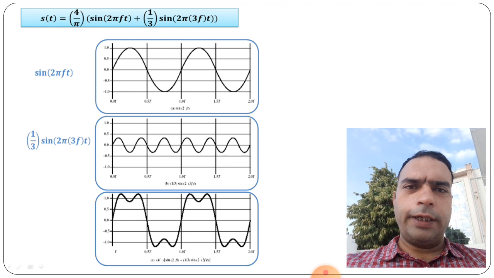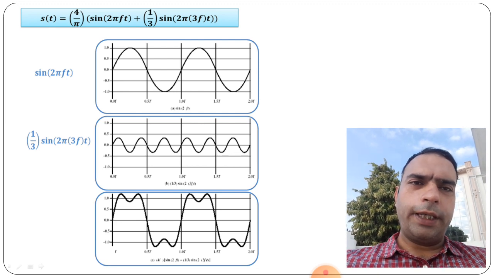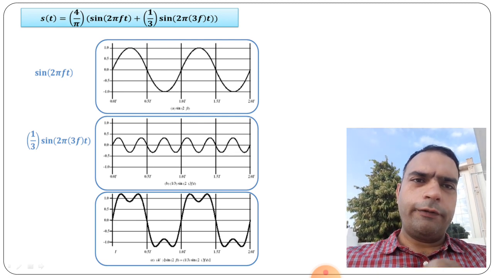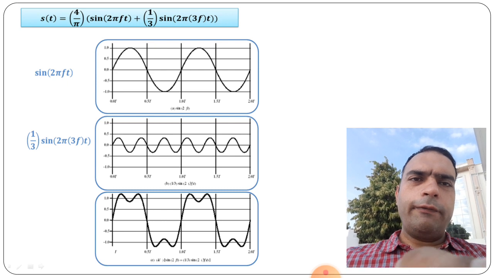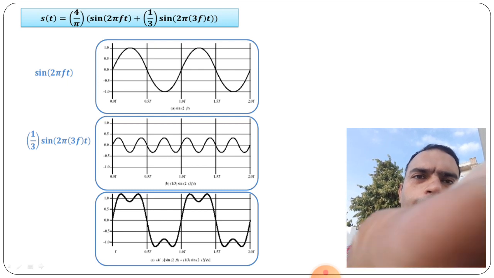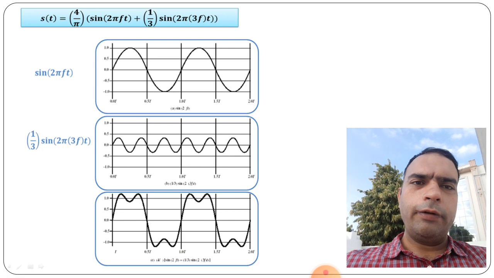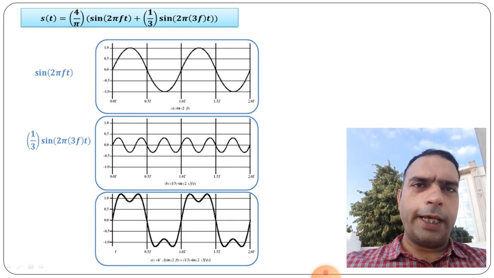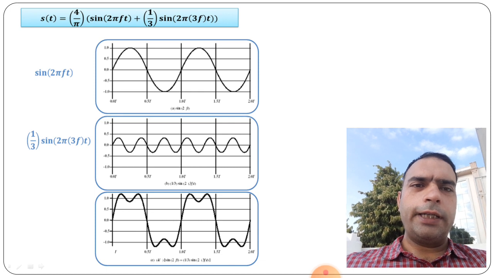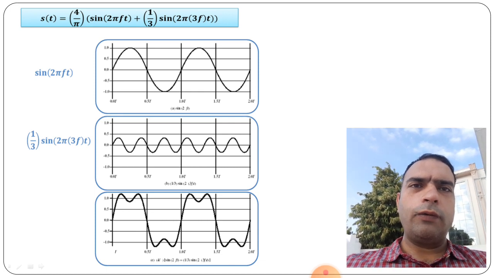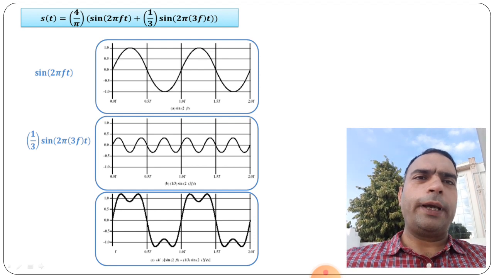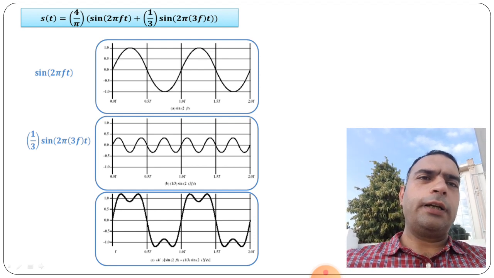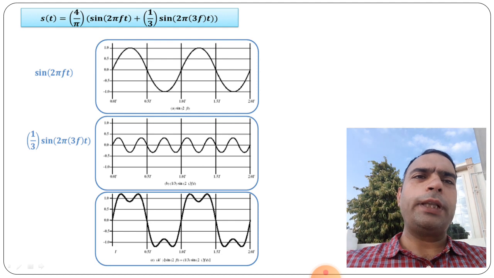Below that, another one is given, 1 by 3 sine 2 pi 3ft, and its wave is shown here. When we combine both, we get the main sinusoidal wave, given at the bottom of both waveforms. That is s(t) equal to 4 by pi times sine 2 pi ft plus 1 by 3 sine 2 pi 3ft.